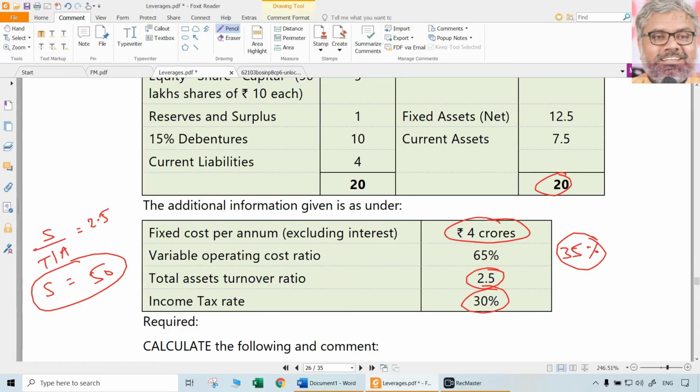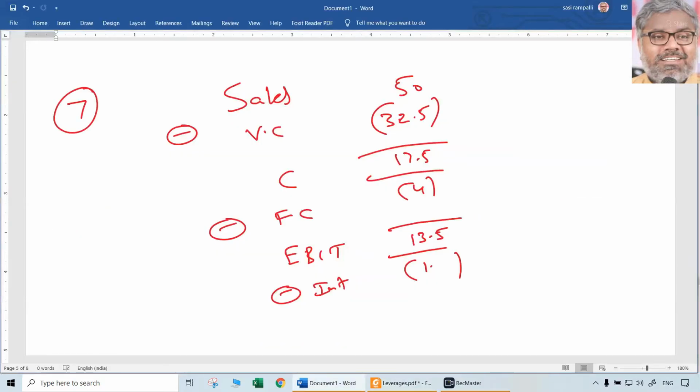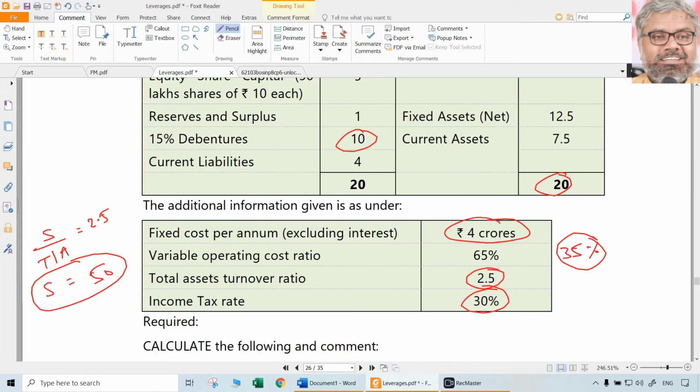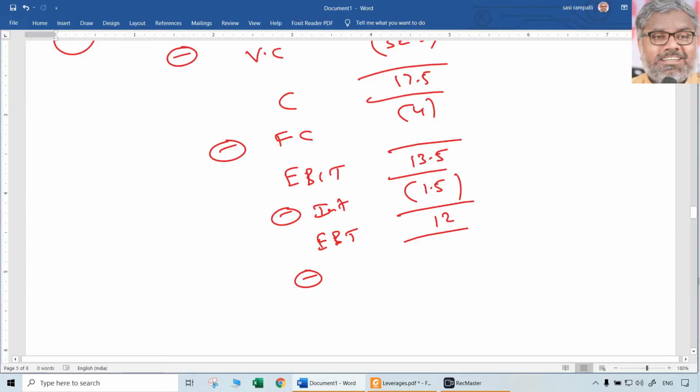Interest will be how much? 15% debentures on 10 crores means 1.5 crores. That means EBT will be 12 crores. Tax rate is 30%, so 30% of 12 crores will be 3.6 crores. So 12 crores minus 3.6 gives 8.4 crores.